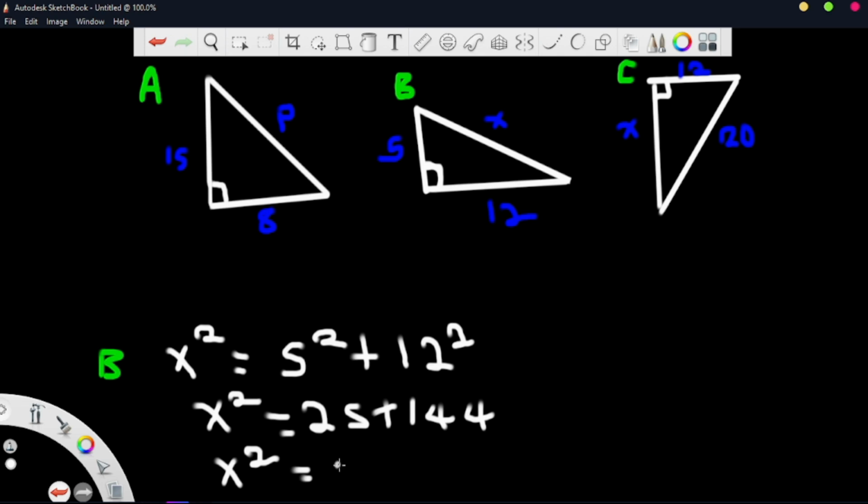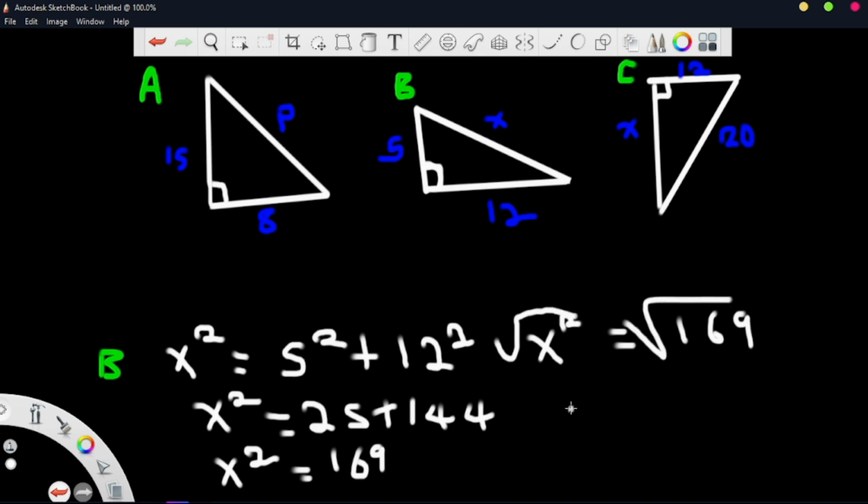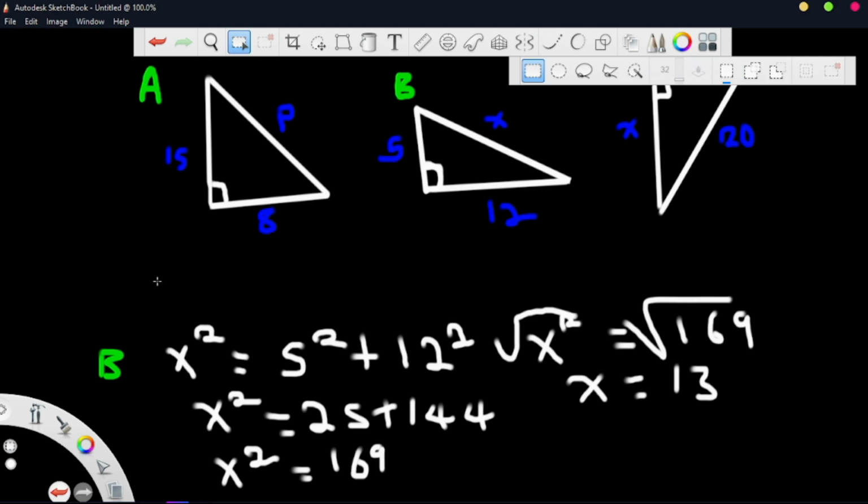That is 169. Again, I haven't solved for my x. I first have to find the root of 169, and then I'll find that my x is 13. The square root of 169, yes, that is 13. So then my x is 13.